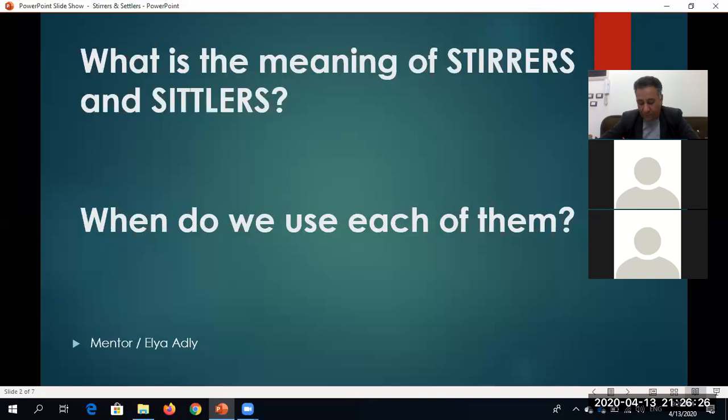Settlers are activities which are designed to calm students down. And stirrers let students move around as much as possible.